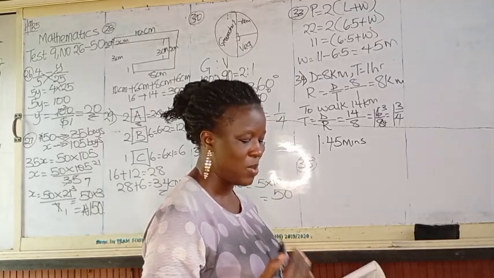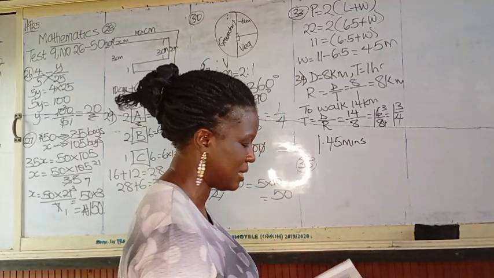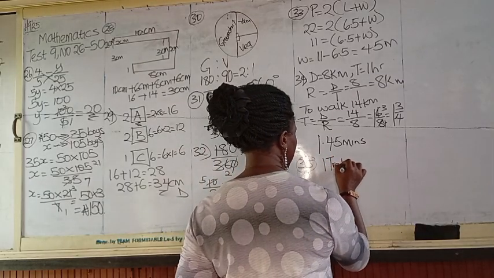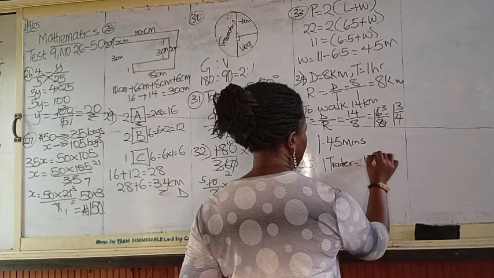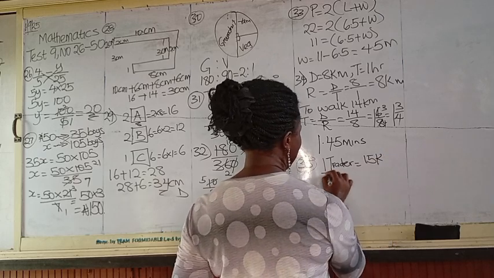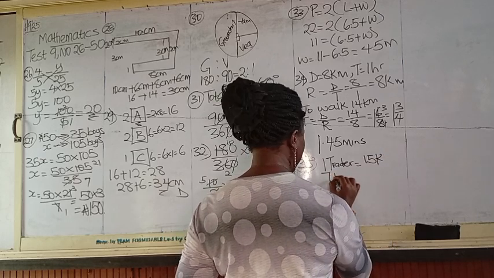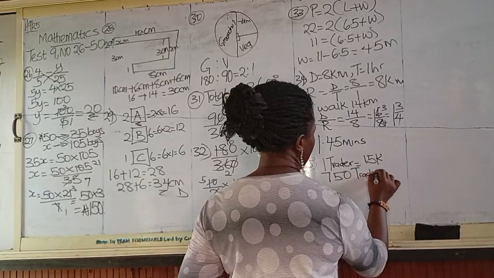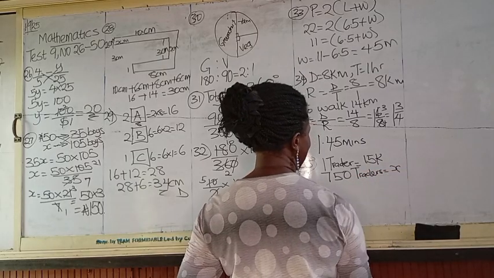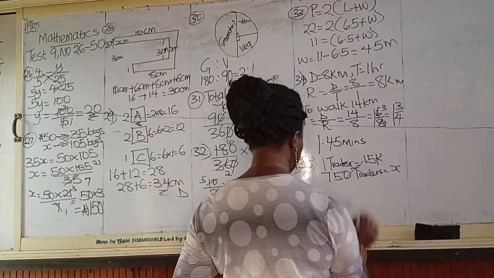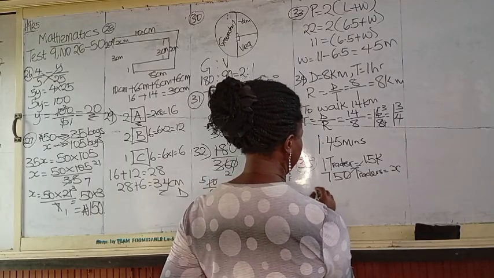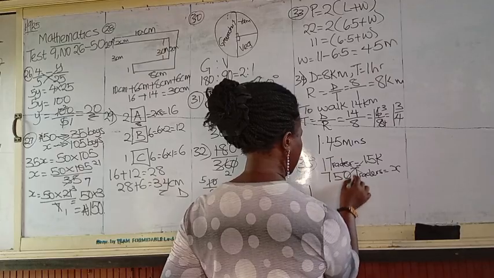And now we are told that we have 750 traders in that market. How much will be collected? So one trader is paying 15 kobo. Now we have 750 traders. We don't know how much will be collected. So we multiply to get our answer.